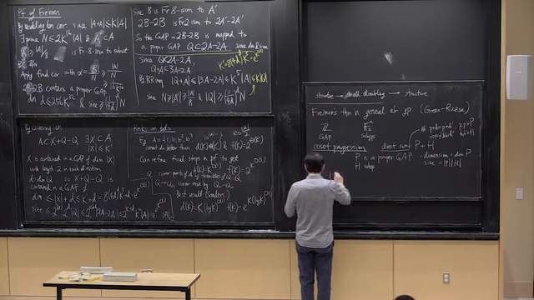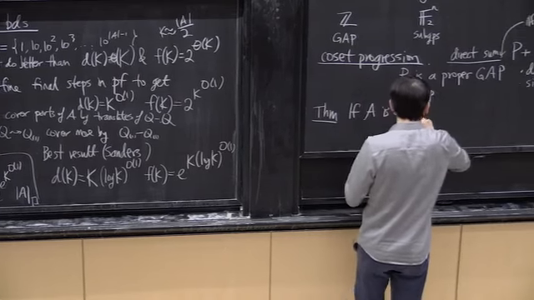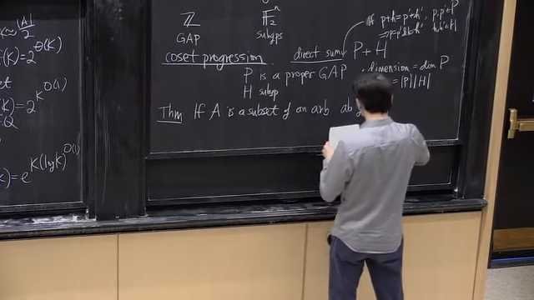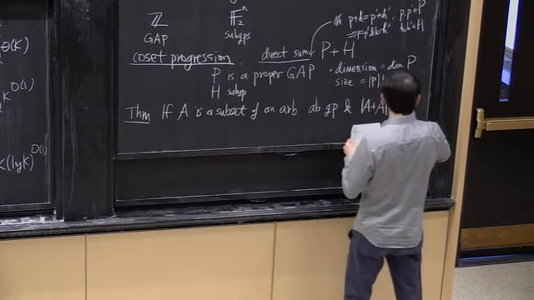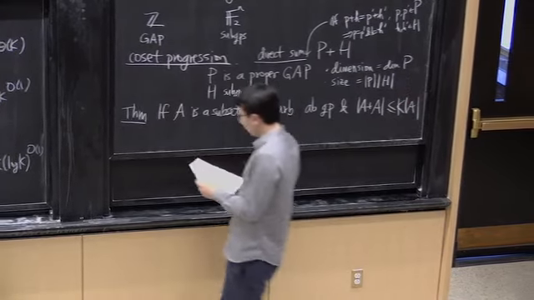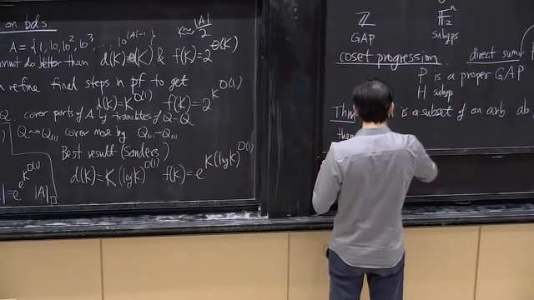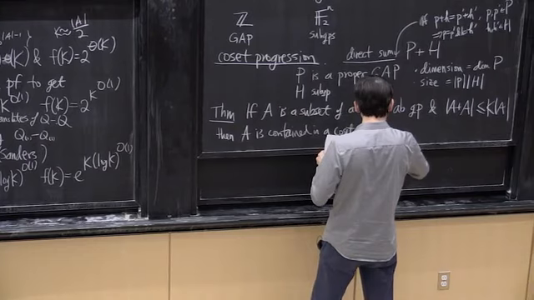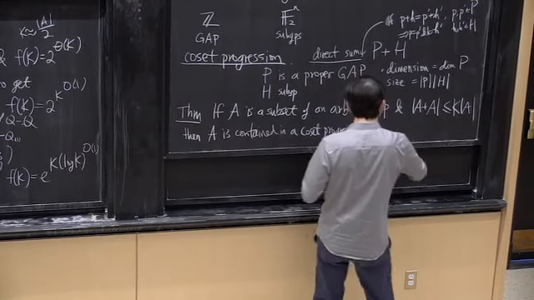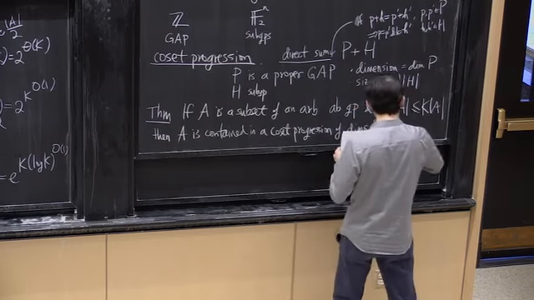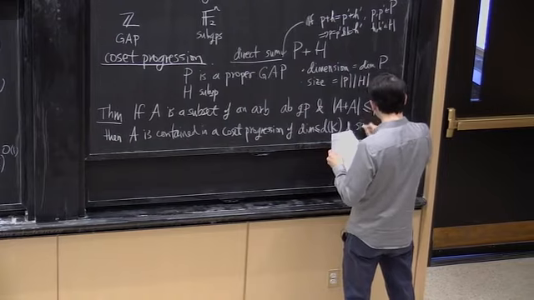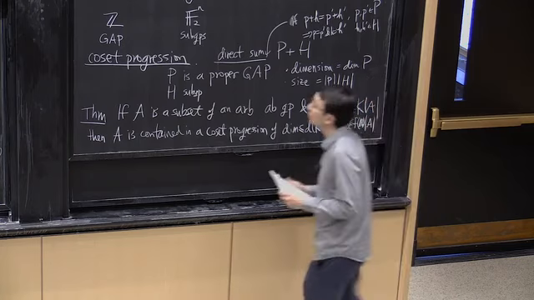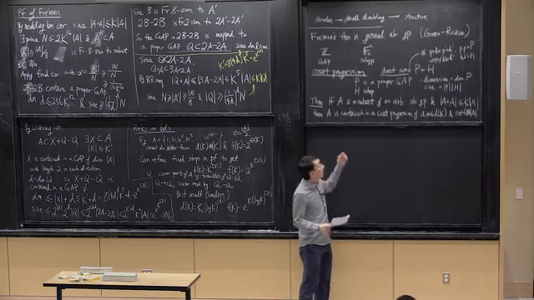is that if A is a subset of an arbitrary abelian group, and it has bounded doubling, then A is contained in a coset progression of bounded dimension and size, a bounded blow-up of the size of A. And here, these constants, D and K, are universal.